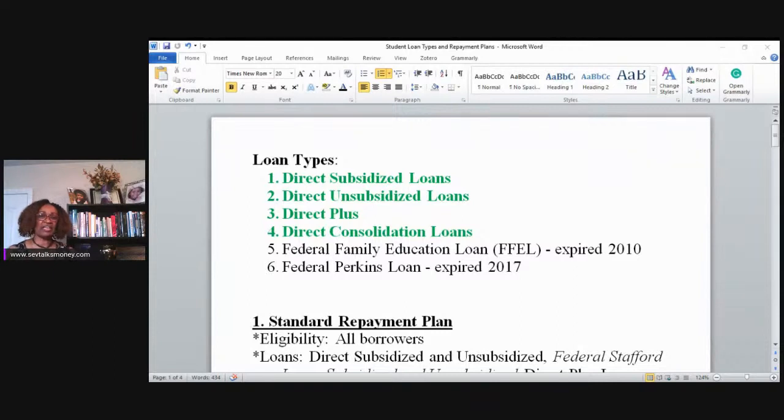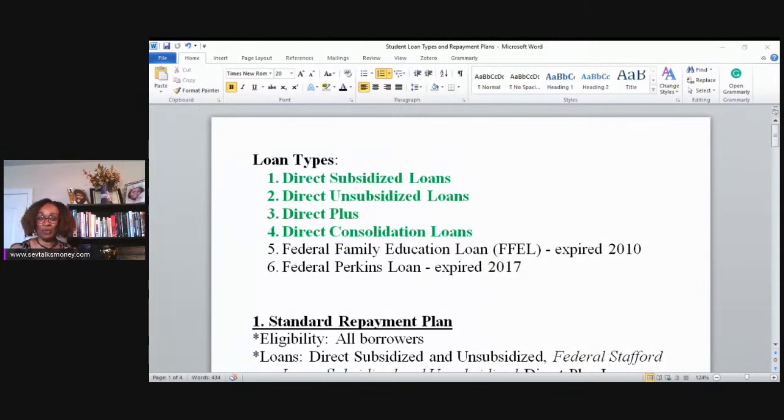So you will qualify for the direct unsubsidized loan. And as I explained in the video last week, subsidized simply means that the government pays the interest while you're in school. Unsubsidized means the interest begins to accrue from the first day the loan is issued. And again, next week I'll show you the numbers, and maybe that will scare you. I didn't know anything about all of that, which is why I'm sharing this information.